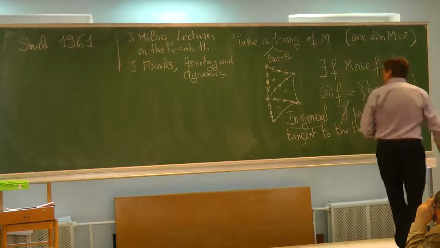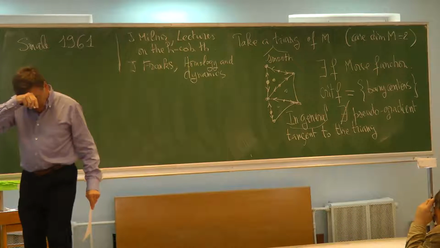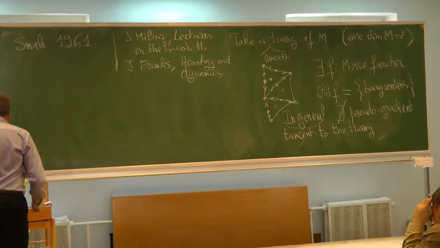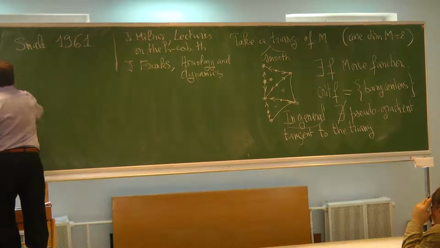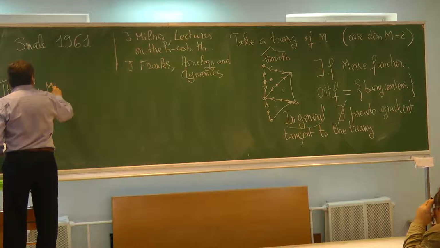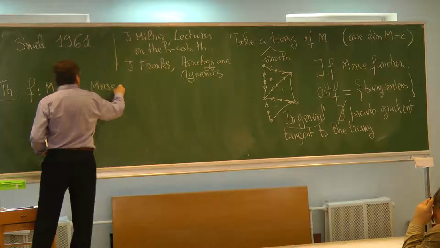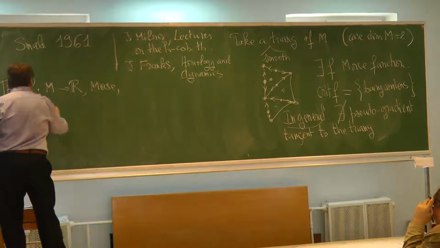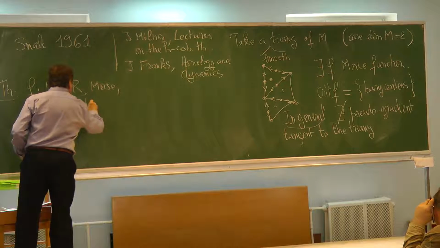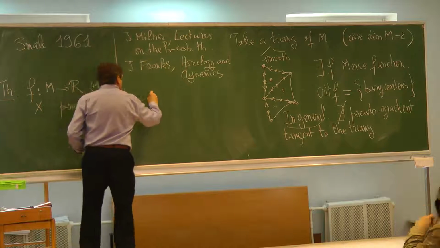And I think it is the birth of the Morse complex. And the statement is this theorem. Consider the Morse function f. The pseudo gradient X is assumed to be Morse-Smale.